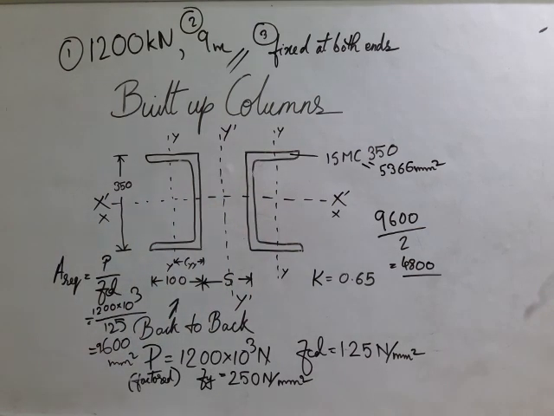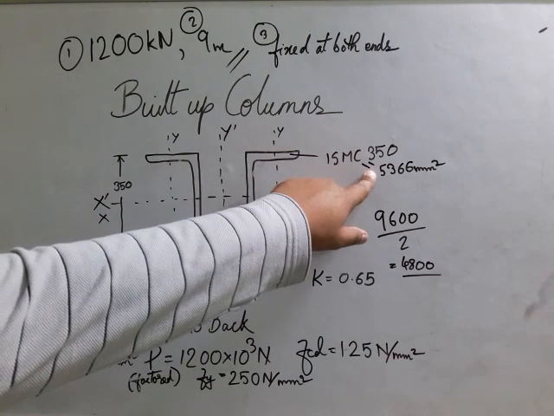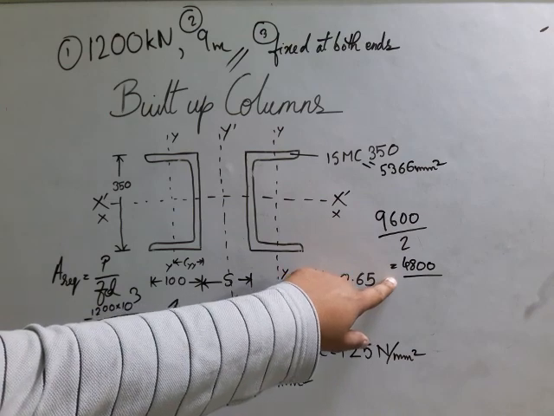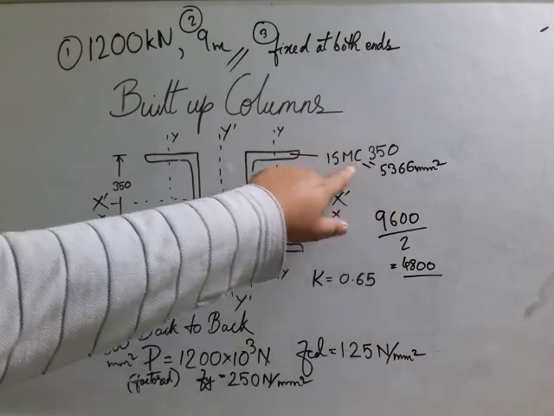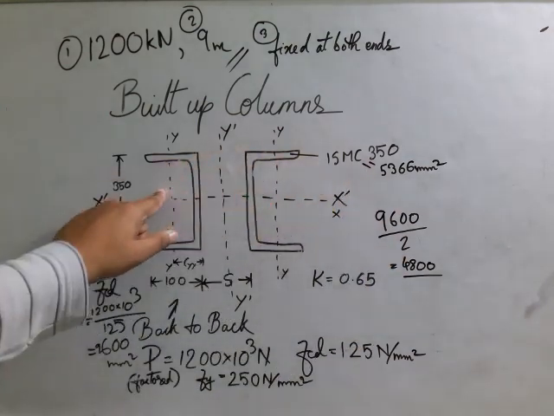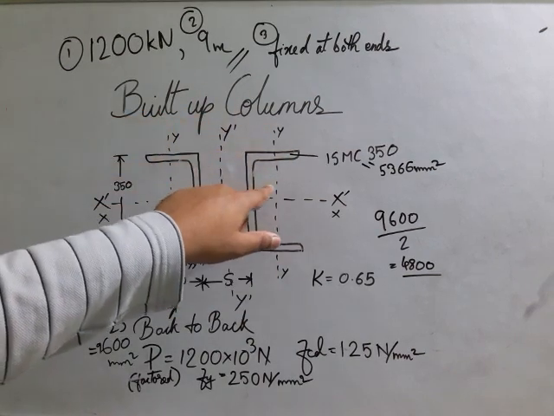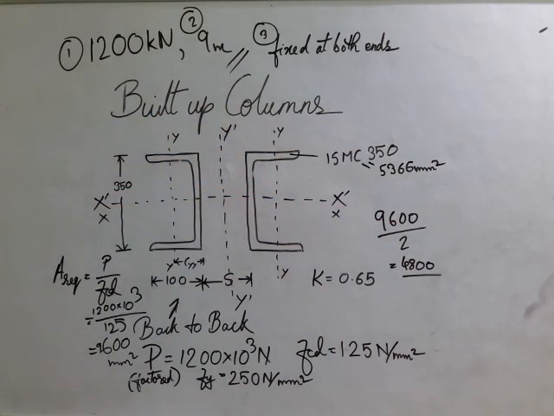Obviously it is greater than 4800. Isn't 5366 greater than 4800? So if we take two ISMC 350, their combined area will be greater than 9600. That is what we want. So let us go with this one only, ISMC 350.